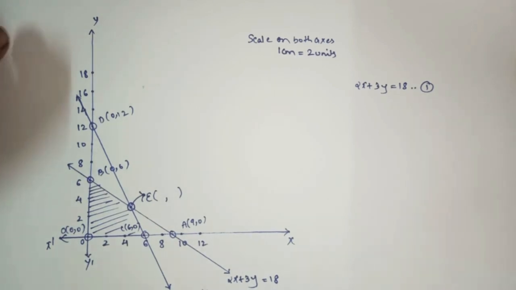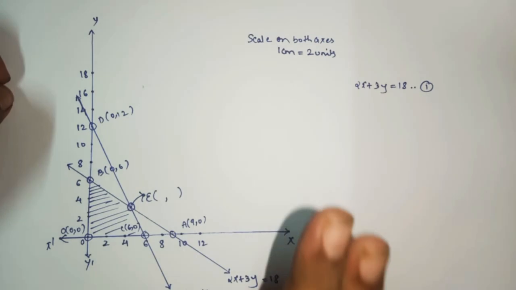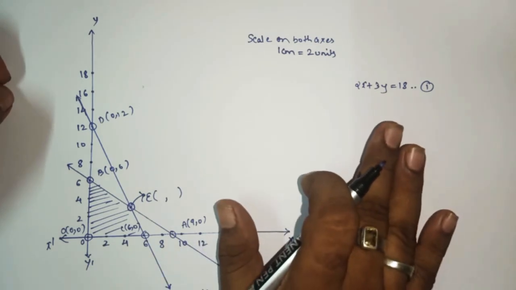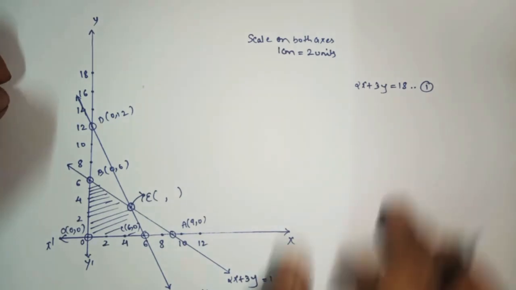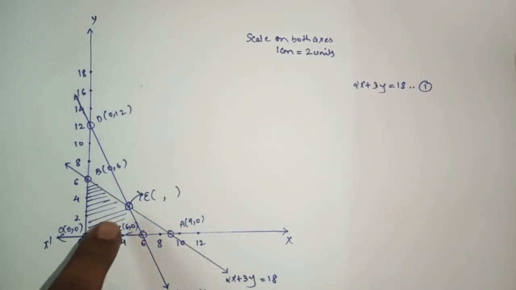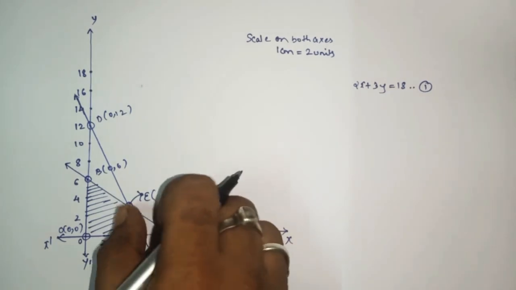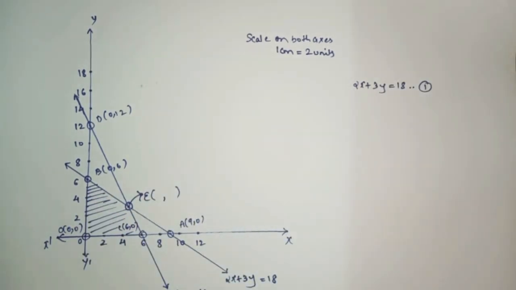Understood? Don't write the answer directly, as it carries marks also, where you will get 1 mark for this step. So don't forget, whenever you have to find the point of intersection between two lines, even if you're getting the answer directly, still don't write it directly; solve the sum simultaneously and then write the answer.